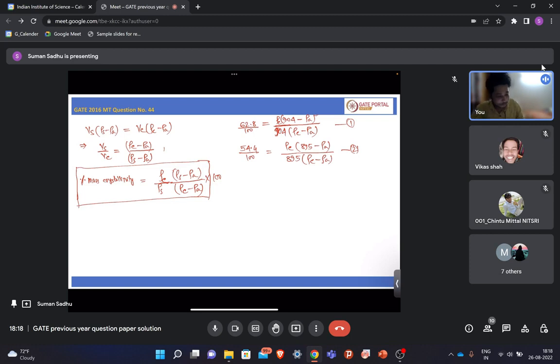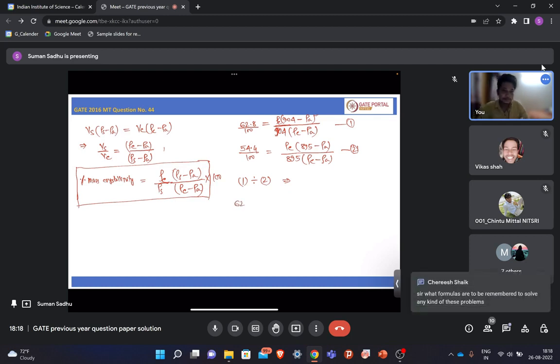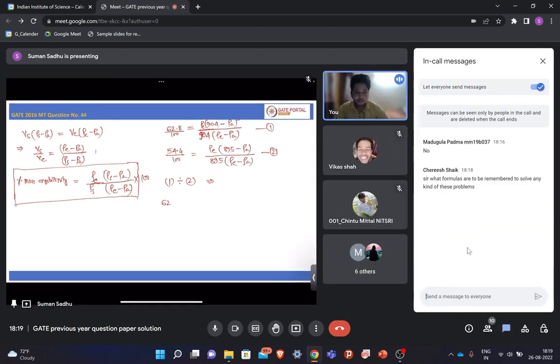Now, if we divide equation 1 by equation 2, we will get the solution to these questions. If you remember this formula only, then you can easily approach from this part only.